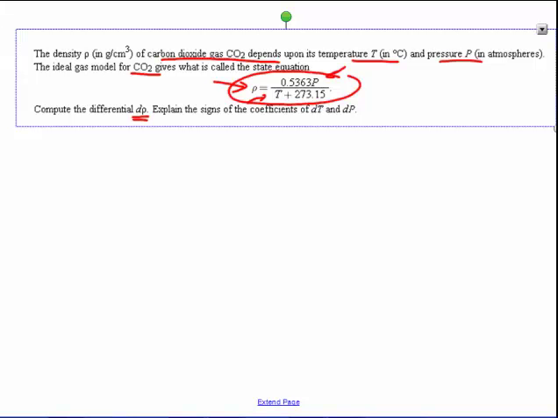So what we need to do is first find the partial derivative with respect to pressure. And I think it might be easier for us if we could use quotients later on, but let's write this in terms of a negative exponent.